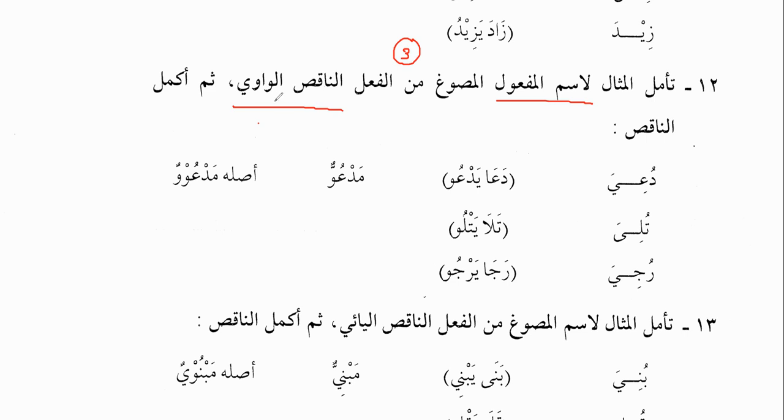Here we will be dealing with a set of verbs where you will see a weak letter at the end, and here it has alif as a weak letter at the end, and this alif will change to waw in the present tense. So as I said before, you need to keep an eye on the structure of the present tense. You should know the present tense, and simultaneously you should also see the majhul structures. If you can memorize, it will be much easier for you. So better to memorize all these structures.